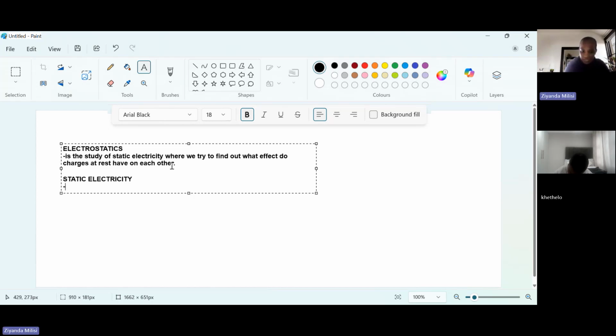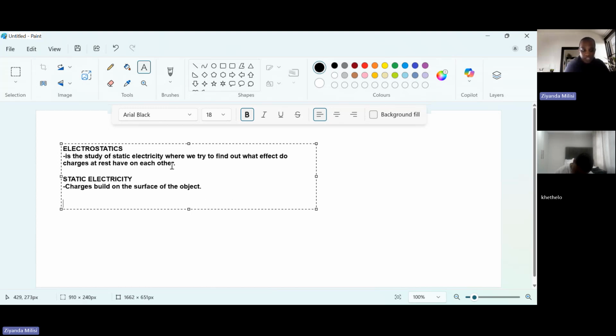This one, charges build on the surface of the object. They are stationary, all right? They don't move through a conductor.